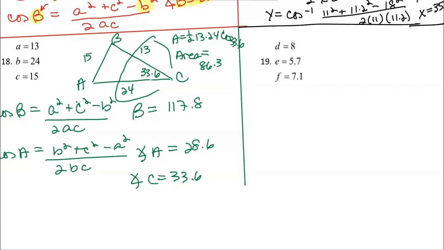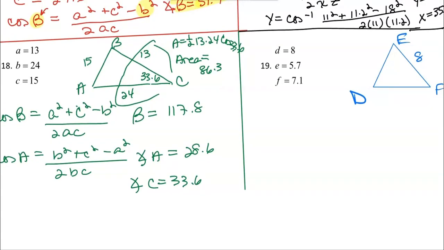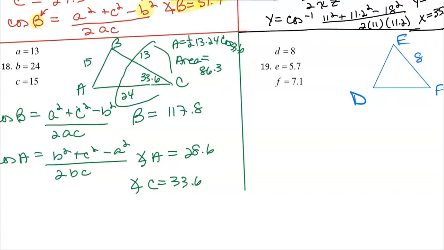For 19, draw your picture. When I draw it, I had this be D, E, and F. Again, I have no angles. I'm definitely using law of cosines. I'm going to use it twice. This is E, that's D, across from capital E is little e, across from capital F is little f.